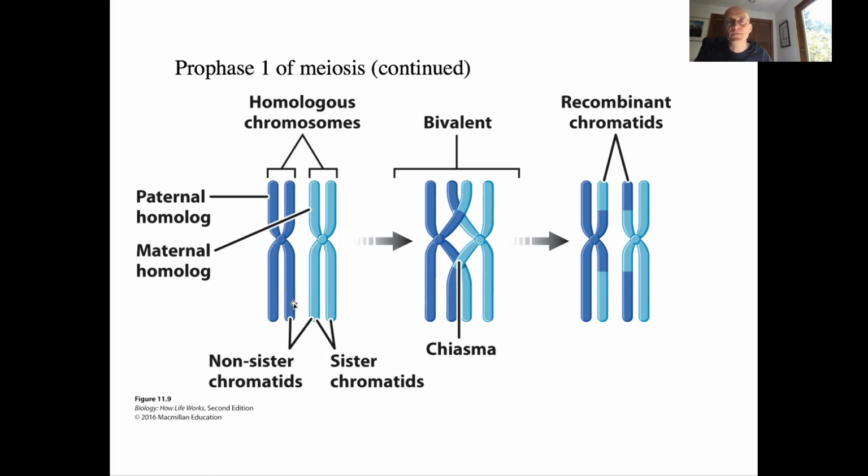So for an example, if there was a gene that was simply only coding for eye color, we might have blue eyes versus green eyes or brown eyes. And so eye color would be the gene, but then the version of the gene would be exactly which color, whether it was blue or green. So those can be on non-sister chromatids.